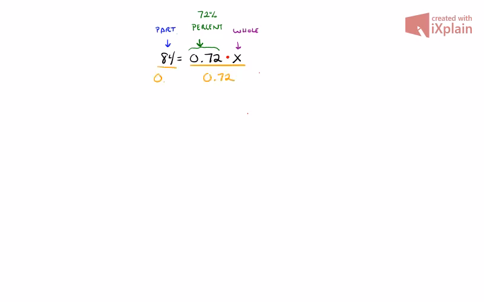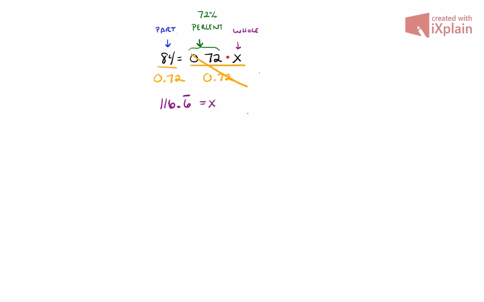If I divide both sides by 72 hundredths, 84 divided by 72 hundredths gives us a result of 116 with a 6 repeating. Remember that on your calculator, if it ends in a 7, that's because your calculator is rounding that last 6 in order to fit in your screen. But it's actually going to be 6 repeating in each of those places after the decimal.